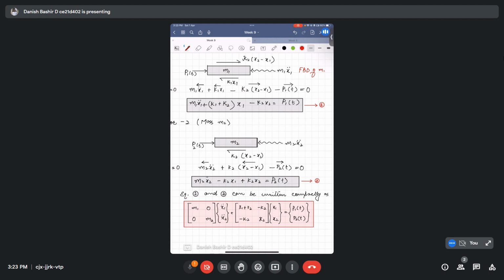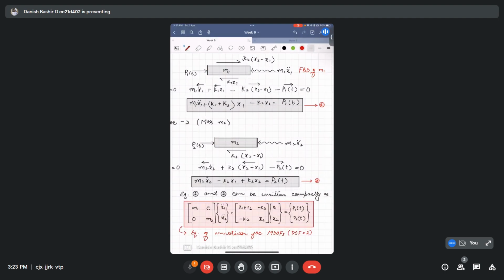So these are the equations of motion for a multi-degree of freedom system, here with degrees of freedom DOF equal to 2.